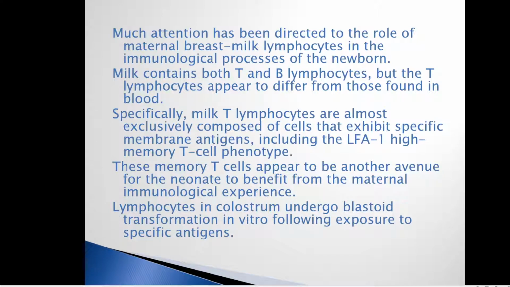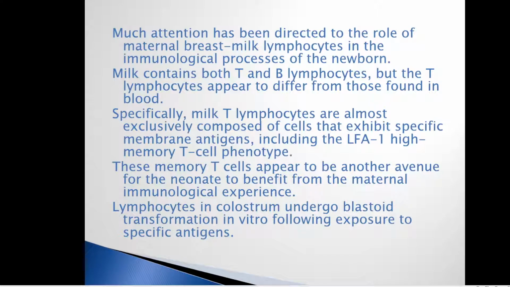Much attention has been directed to the role of maternal breast milk lymphocytes in the immunological process of the newborn. Milk contains both T and B lymphocytes, but the T lymphocytes appear to differ from those found in blood. Milk T lymphocytes are almost exclusively composed of cells that exhibit specific membrane antigens, including LPA1, a high memory T cell phenotype.